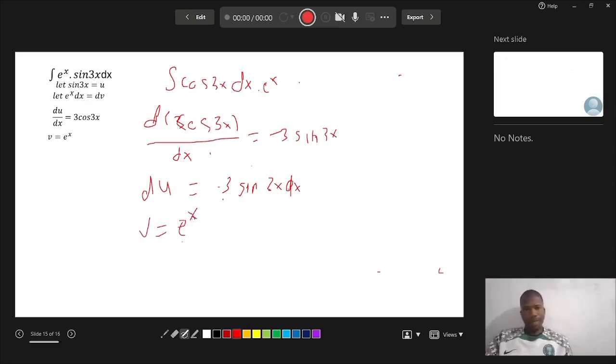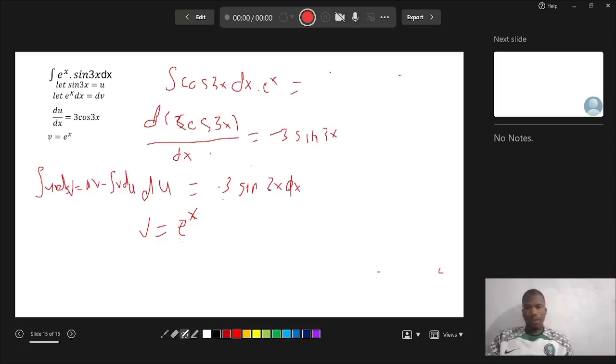So when we continue, we do not forget our formula: the integral of u dv is equal to u multiplied by v minus the integral of v du. So what is the value of u?